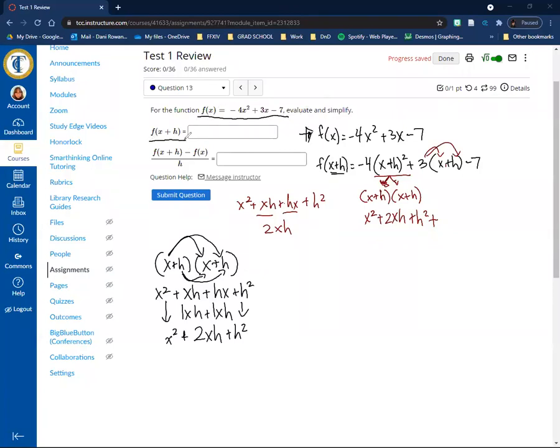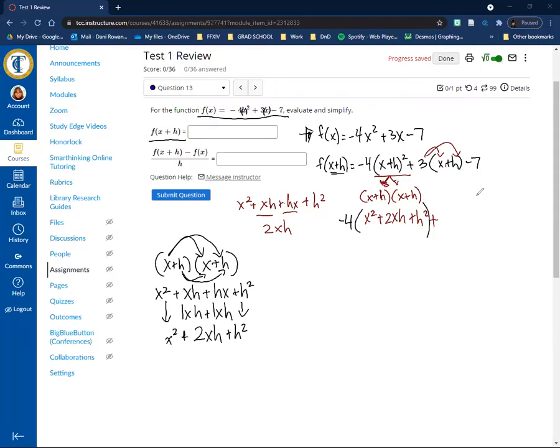We want to find f of x plus h. I don't know why you don't have the 4 in the parentheses. Well, because we're only plugging in for the x. Oh, okay. So the -4 has got to stay there. And because this is squared, we have to FOIL this out before we can take care of that -4. That -4 comes back. It doesn't go away.